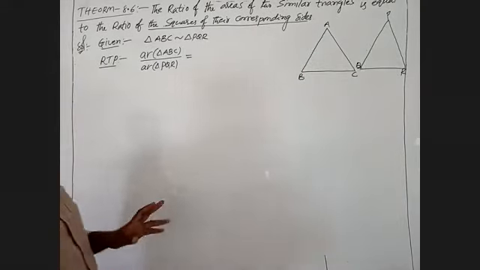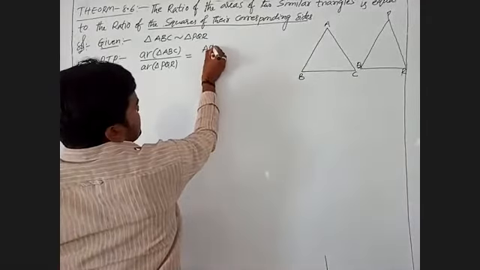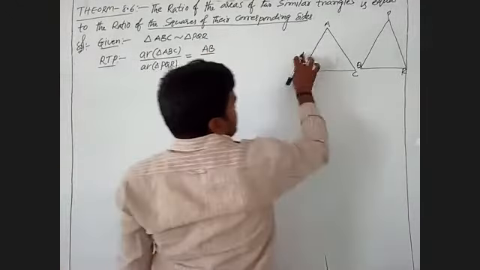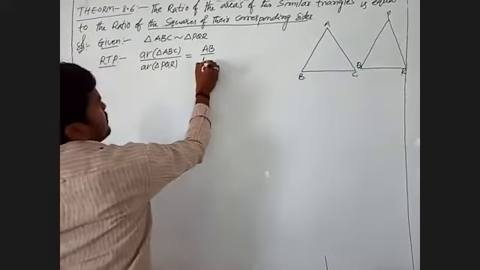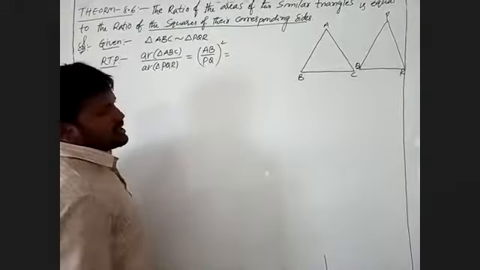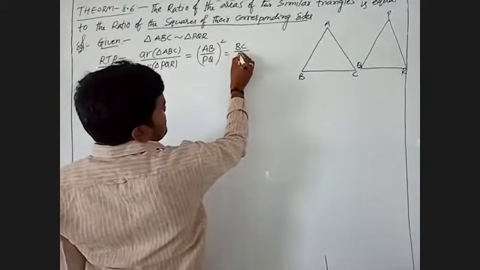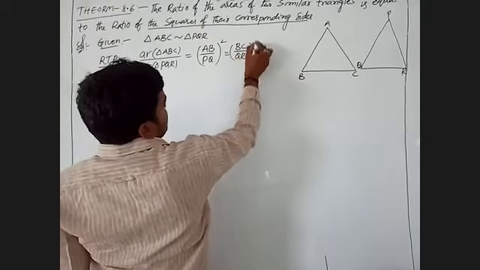First, I have to write their corresponding sides. AB corresponds to PQ, and for their squares I write the whole square. The corresponding side of BC is QR, so BC by QR whole square.